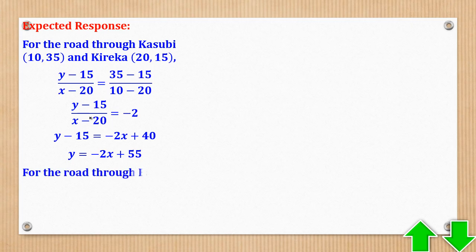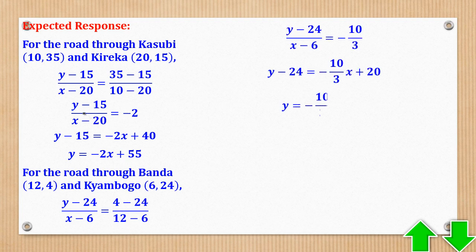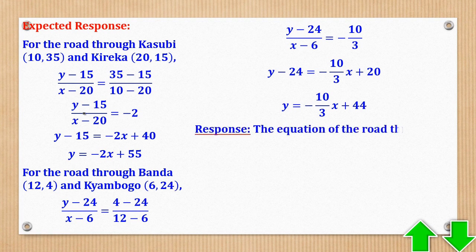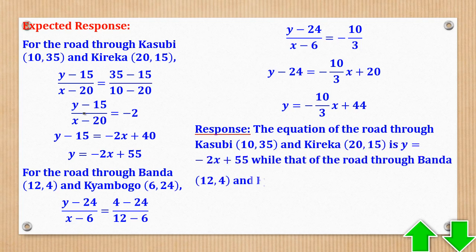Do the same for the second road through Banda and Chambogo, equate gradients, simplify, cross-multiply, and collect like terms. So those are the two roads. We can give a response that the equation of the road through Kasubi and Chireka is that, while that through Banda and Chambogo is that.